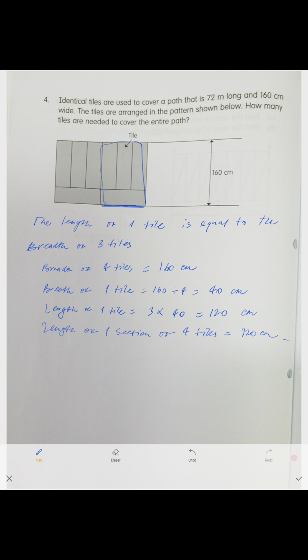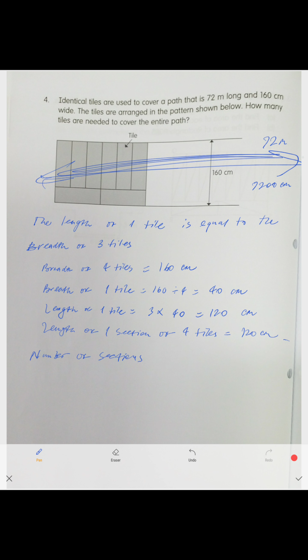Now, number of sections. How do we find the number of sections? Well, that's easy. We know the whole length is 72 meters. 72 meters in centimeters is 7,200 centimeters, the total length of the path.